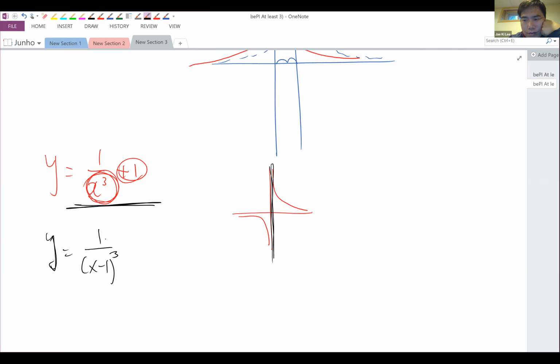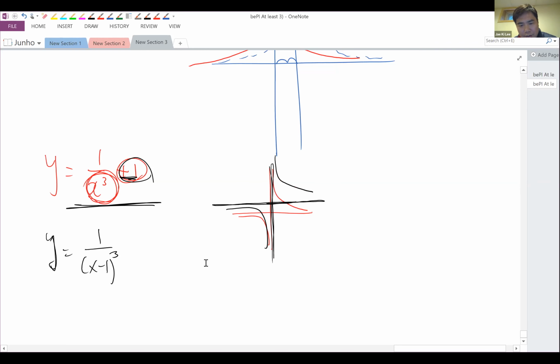The vertical asymptote will be on the x-axis. But if we have the number not next to the x, it's going to be on the y-axis. So this means on the y-axis, it doesn't pass through here. That's what you mean, right? So it should be going up one value basically like that.